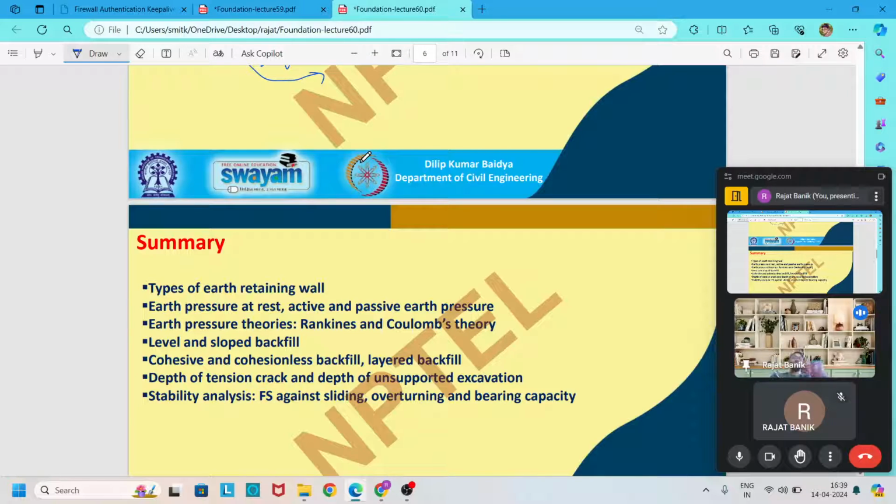We design this type of retaining wall, and the design depends on the different types of earth pressure of the soil. There are three types of earth pressure: at rest, active earth pressure, and passive earth pressure. So we also study one diagram that defines the magnitude of the different types of earth pressure.